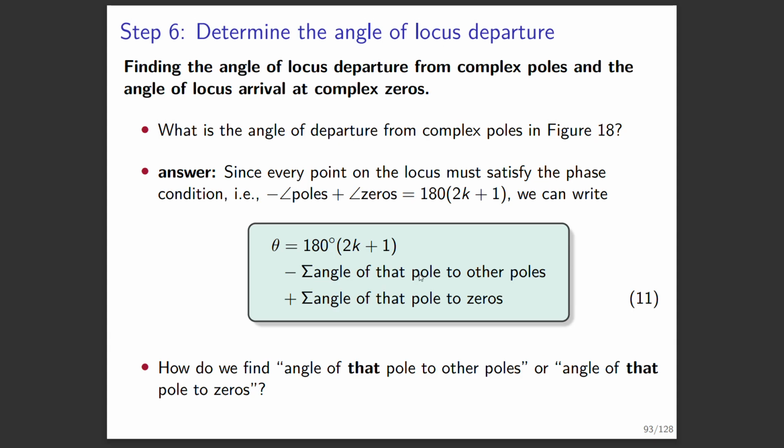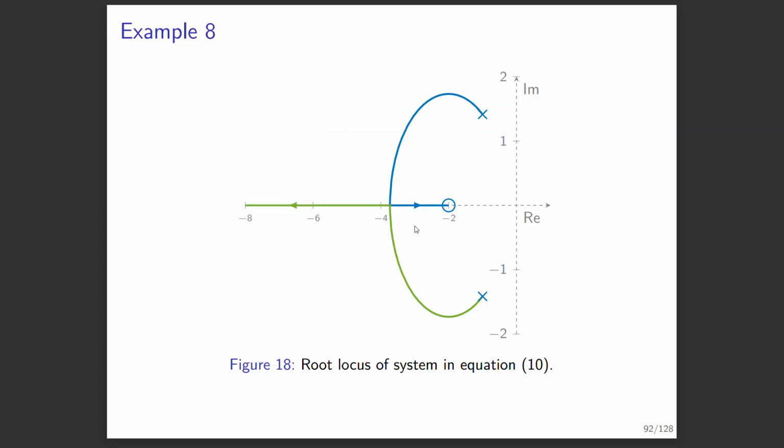How would I find the angle that this pole makes to the 0? This is my 0. So the angle that the pole makes with the 0 is this. How would I compute this angle? From geometry, how would you do that? What information do I have and what do I want?